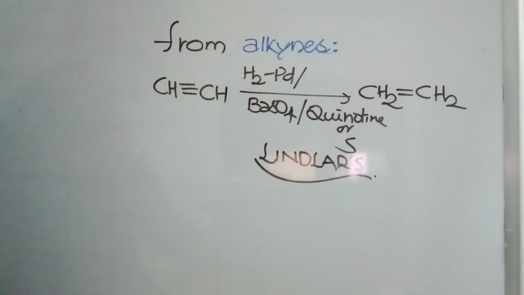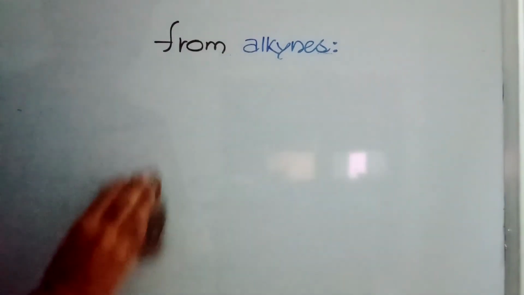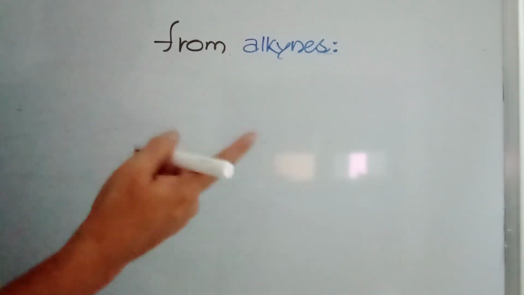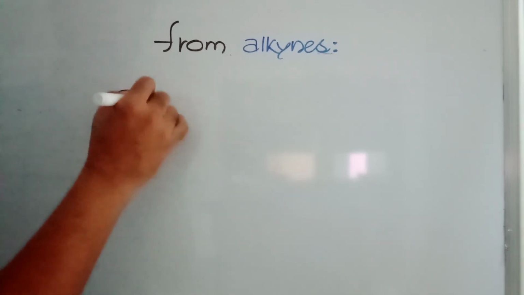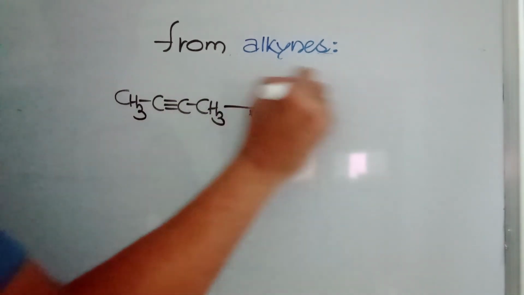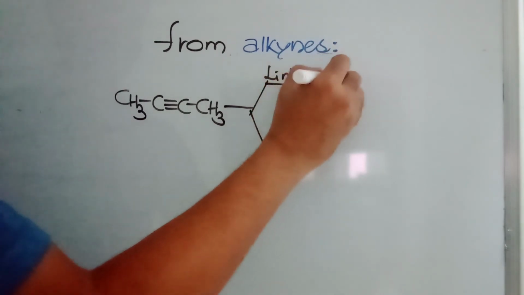But one very special point is here. For that point only we are discussing this, and you can see this in another video also. I made a special video for this. For example, we have butyne. If we are using Lindlar's catalyst, what we have just written, it will give you the cis product, cis 2-butene, CH3 C double bond C CH3.